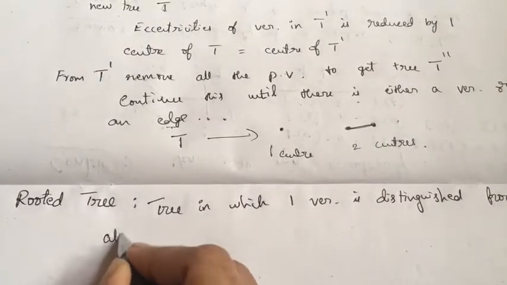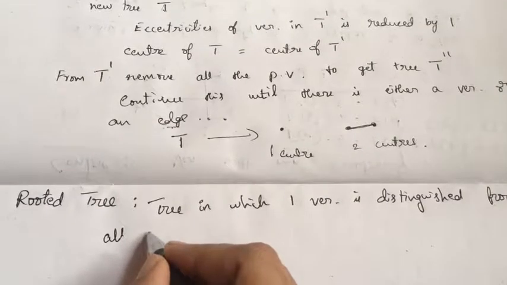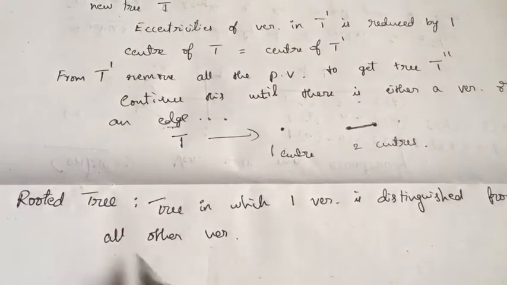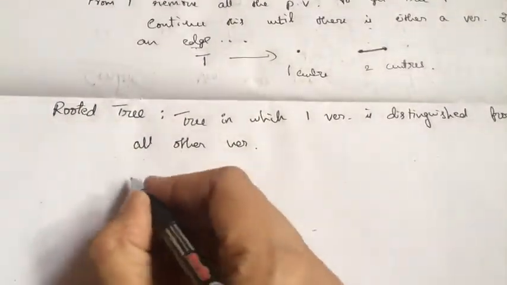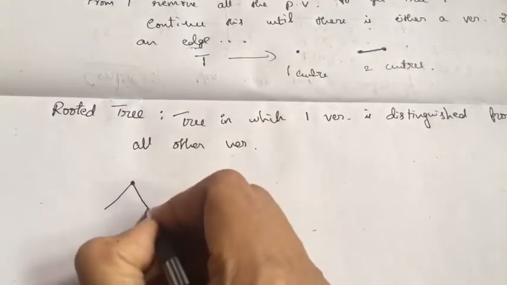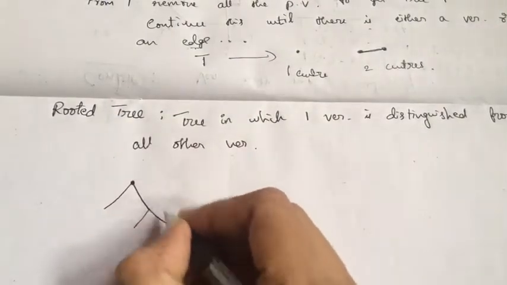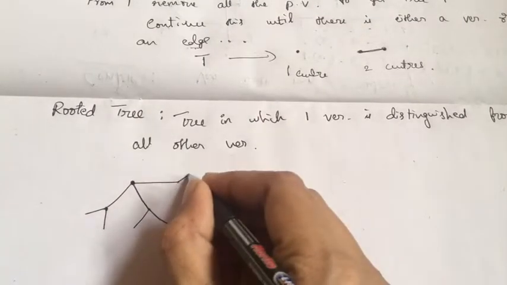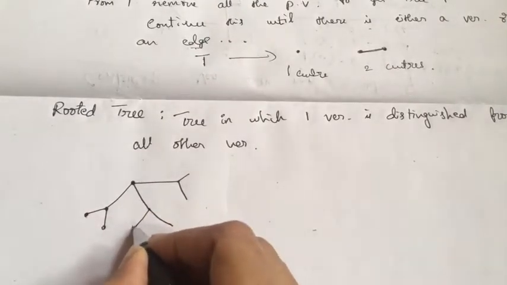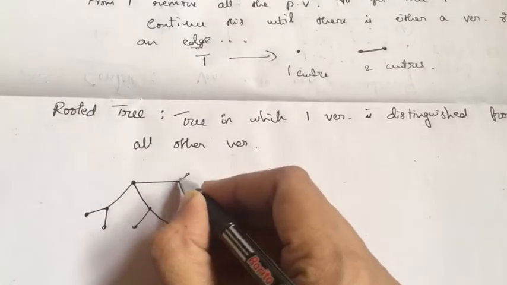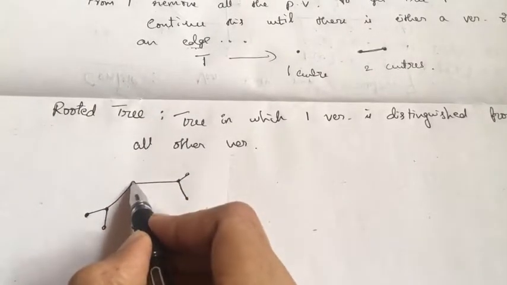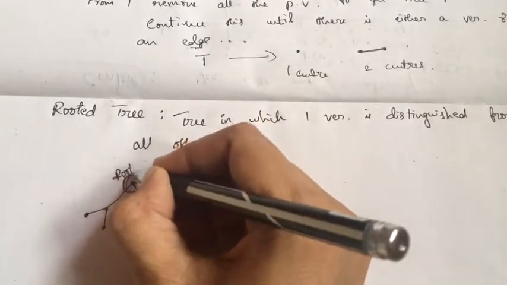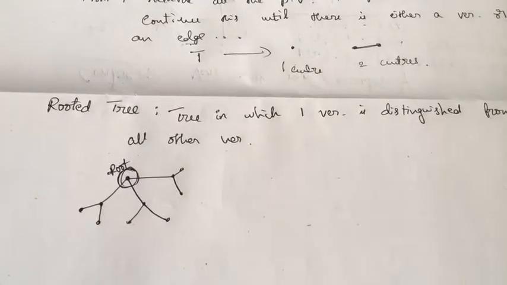For example, if this is my tree, this one vertex is distinguished from all other vertices, and this is called a root. And this tree is called a rooted tree.